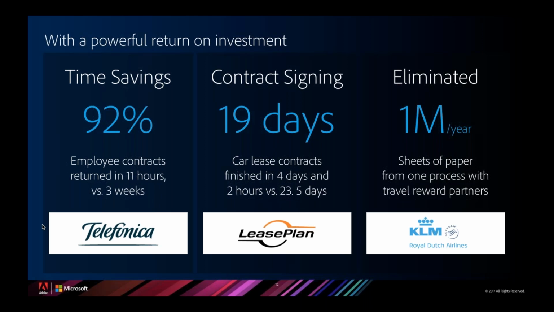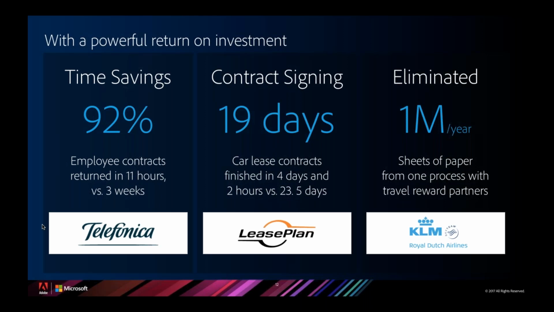And then in the contract signing, that lease plan, which is a Dutch car leasing company, they went from 23.5 days to 4 days and 2 hours. And then KLM, for their rewards program, they adopted the solution and they did a measurement over a year.